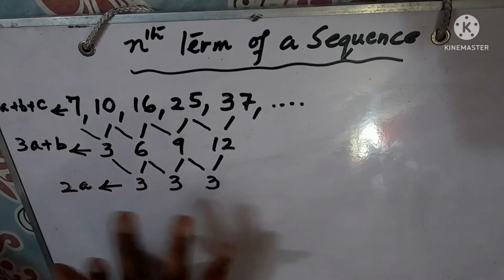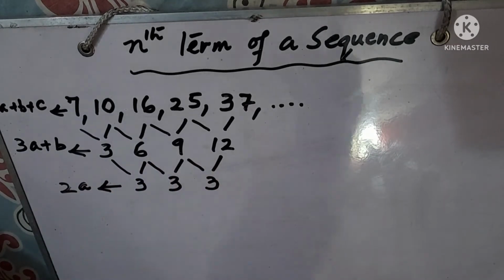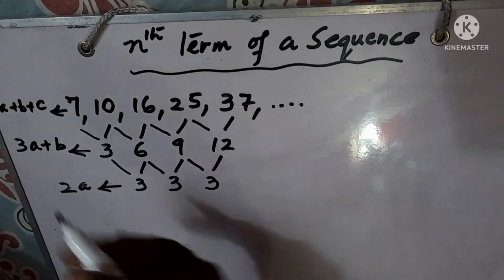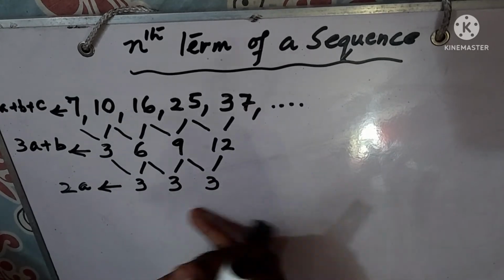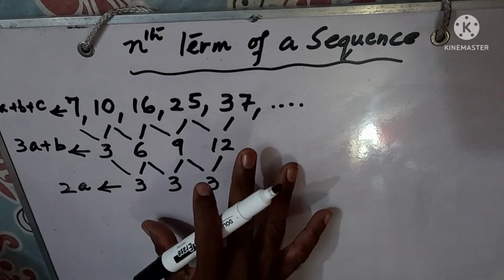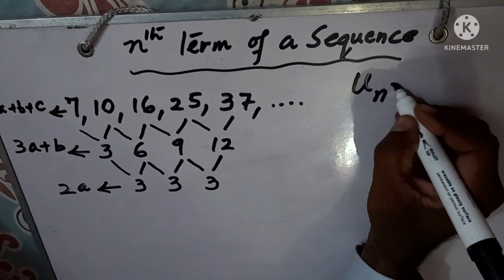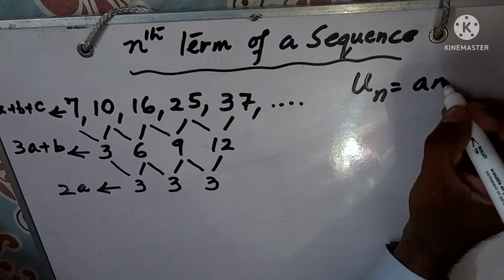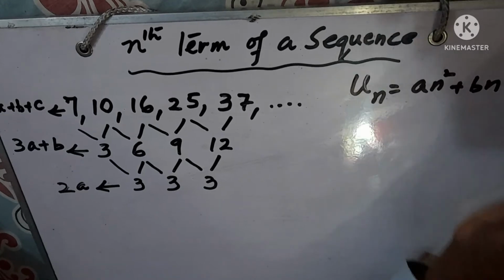Okay, so once you have these values, then we will substitute them in the general form. Whenever the difference is the same in my second row, or the second difference is the same, this is called a quadratic sequence, and the general term will be un equals an square plus bn plus c.